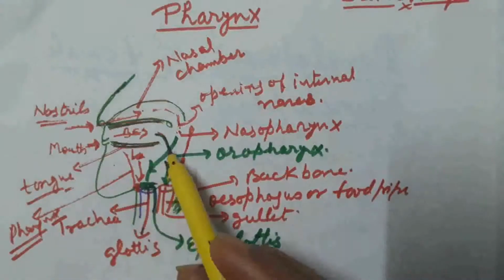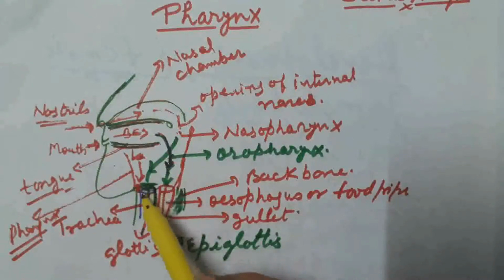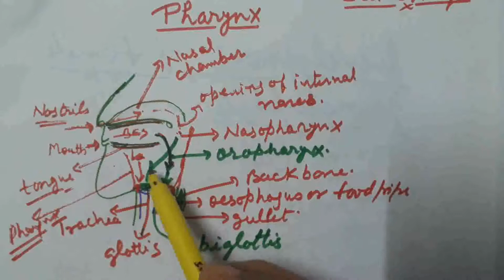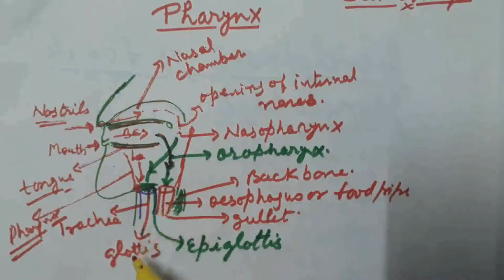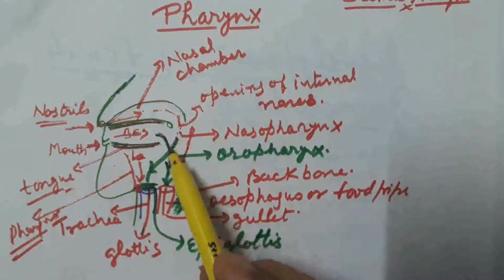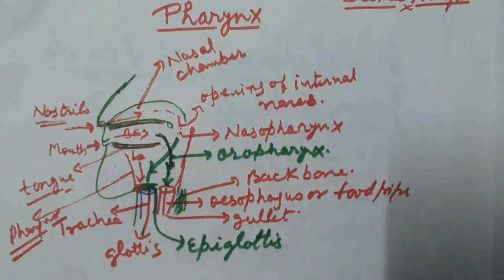So what we are observing here, when the air passes to the trachea through the pharynx region and food passes through the oropharynx region into the esophagus, there is a common passage where food and air cross each other.